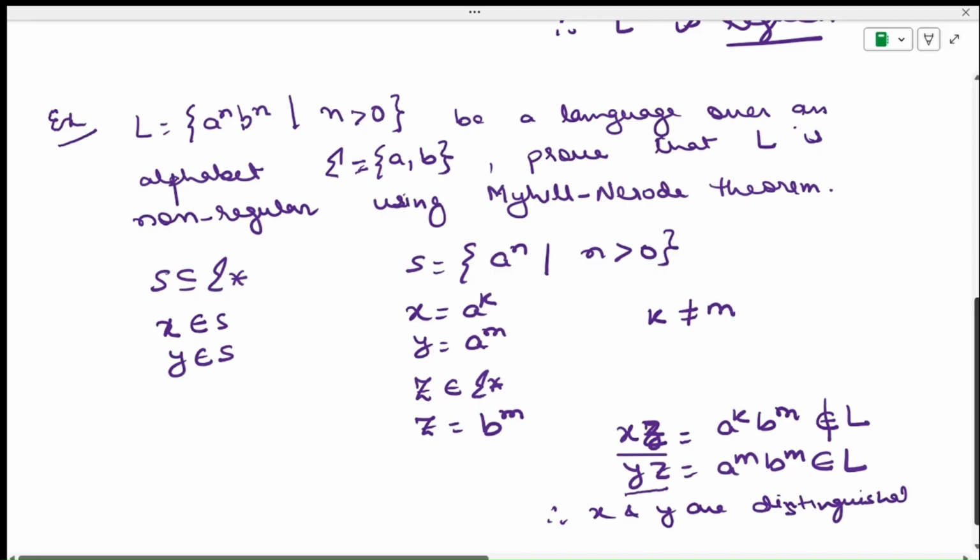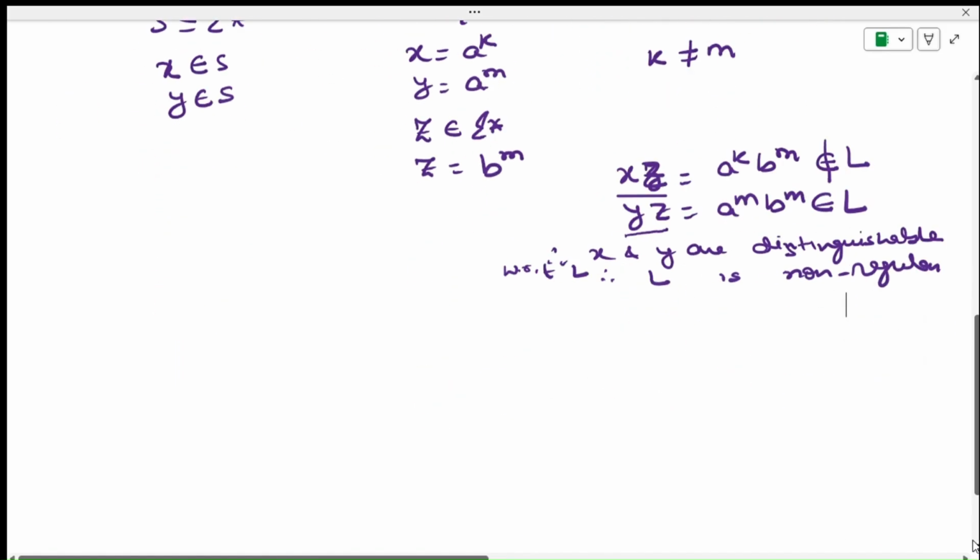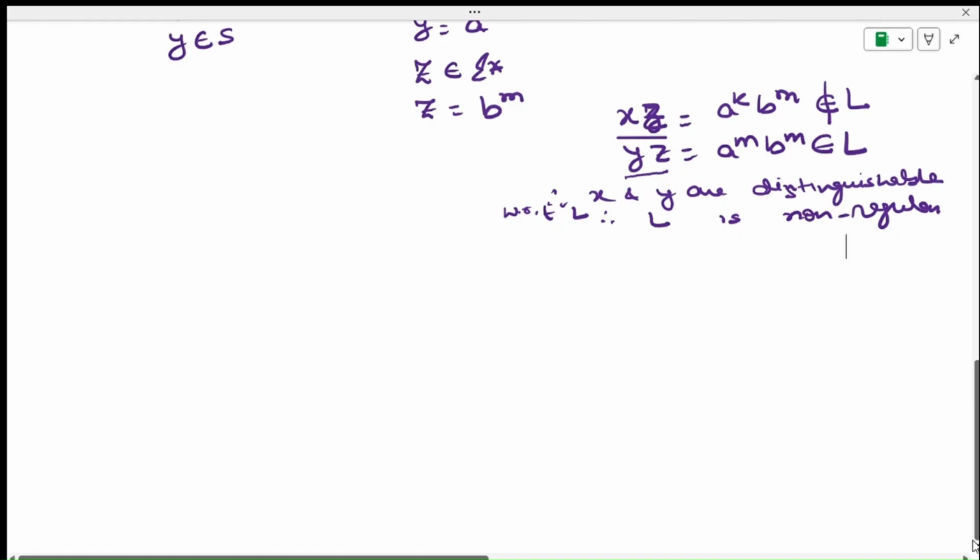Therefore, L is non-regular. It is a non-regular language, which means we do not have any finite automata accepting it.